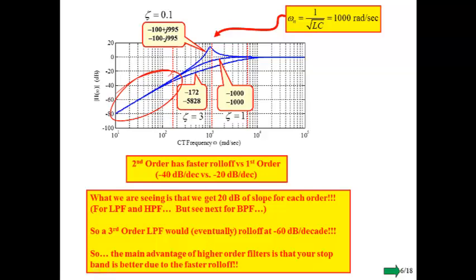But that means that you need more energy storing devices. So you're going to need 3 LCs. They don't have to all be the same: two capacitors, one inductor, or 2 inductors, 1 capacitor. You might be able to figure out a way to do it with 3 capacitors, but you certainly could do that for an active case.